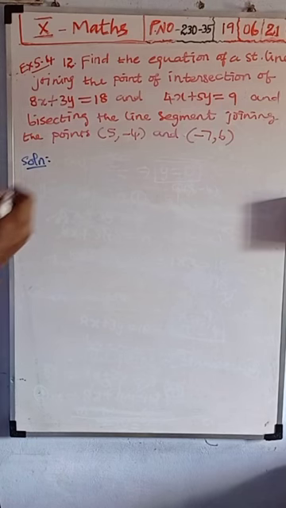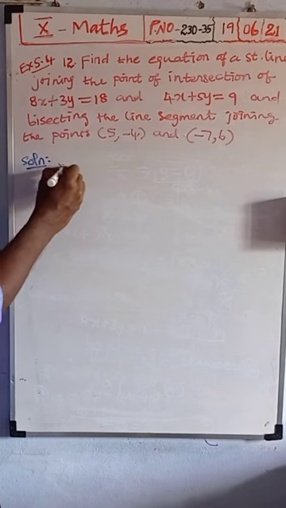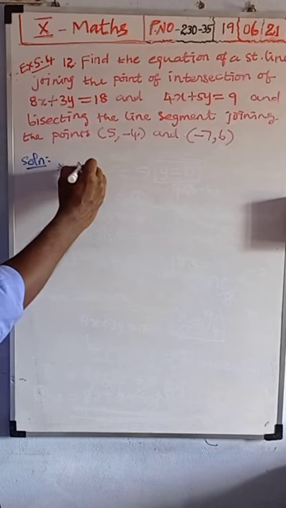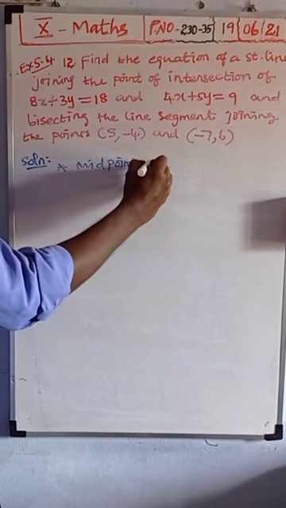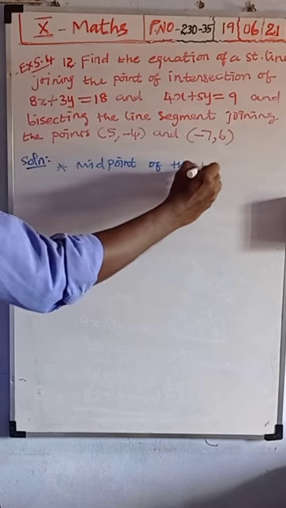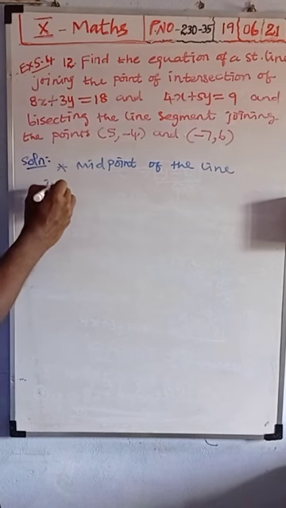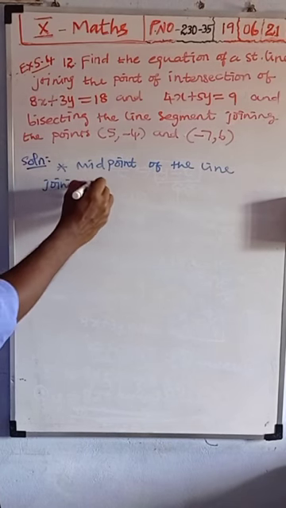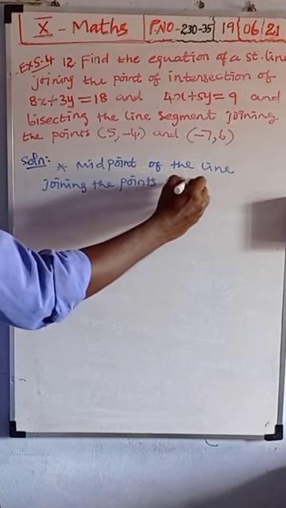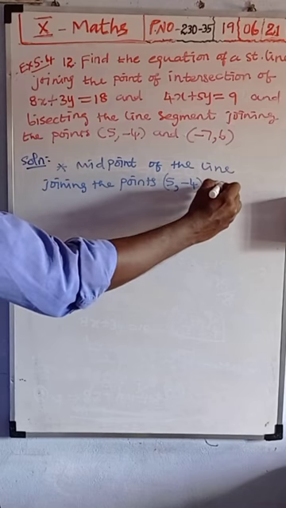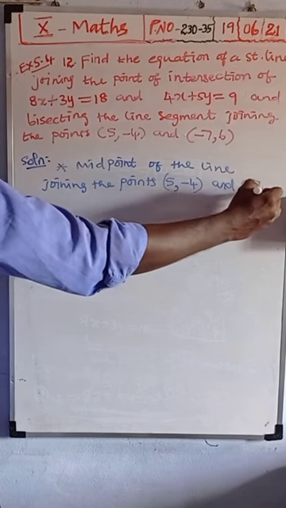Next, what do we want to do? Using these two points we want to find the midpoint of the line joining the points 5 comma minus 4 and minus 7 comma 6.